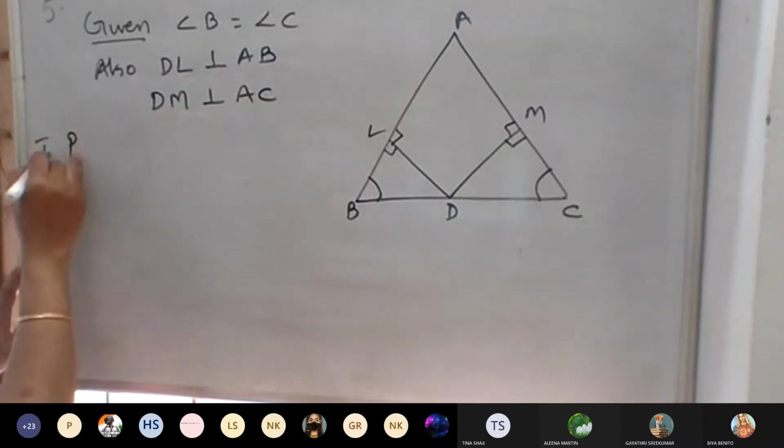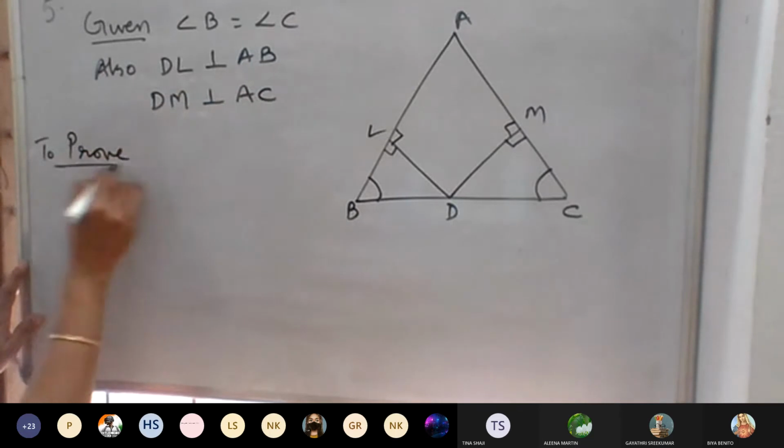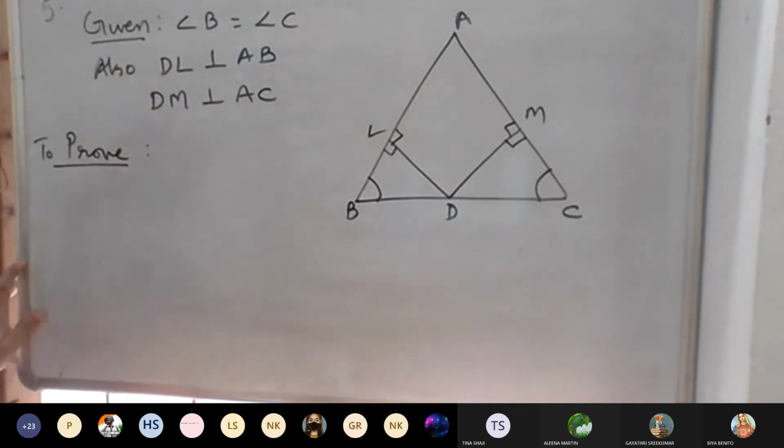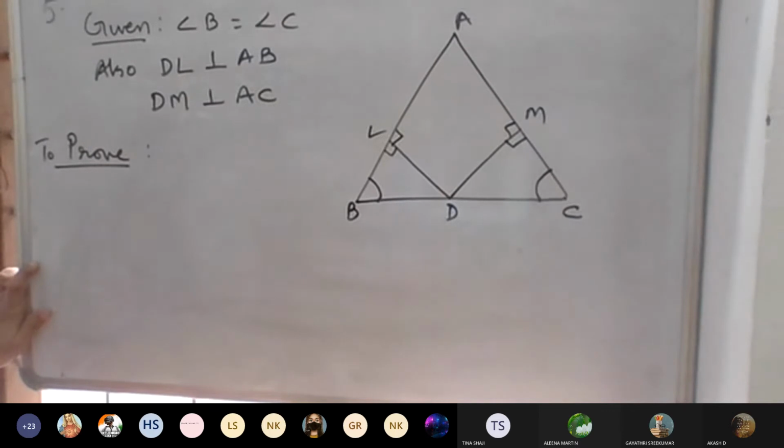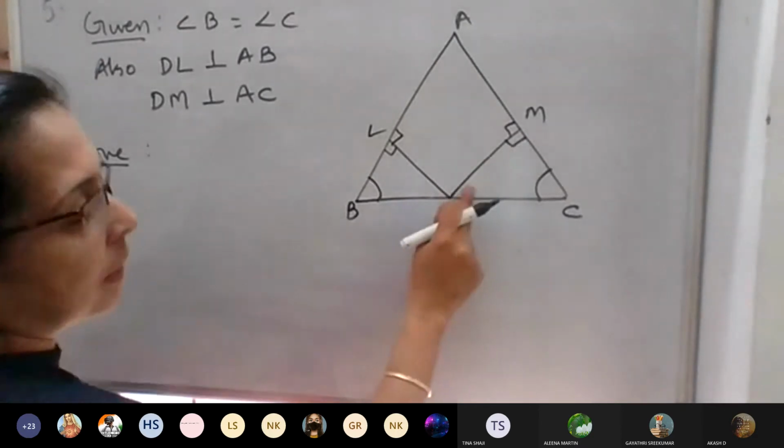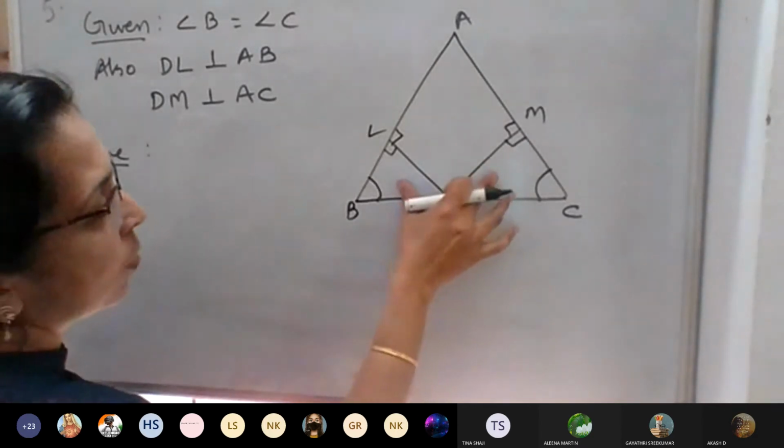Then proof. What do we have to prove? The perpendiculars from the midpoint of BC to AB and AC are equal. Which two are equal? The perpendiculars DL and DM.